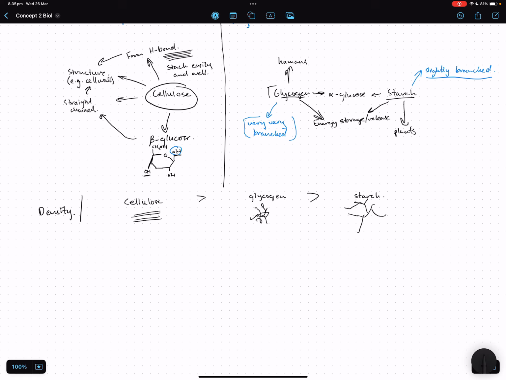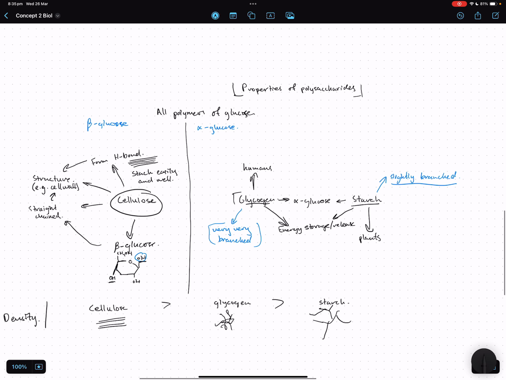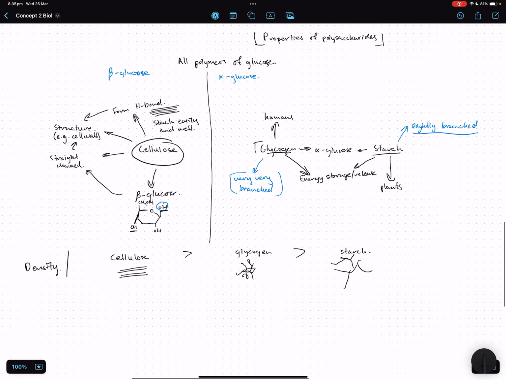Those hydrogen bonds with itself are really strong. So there's quite a big sense of cohesion with the cellulose structure. Glycogen a bit less and starch a bit less. That's why you can dissolve starch in water. But yeah, so that's the overview of carbohydrates basically. Those three types.